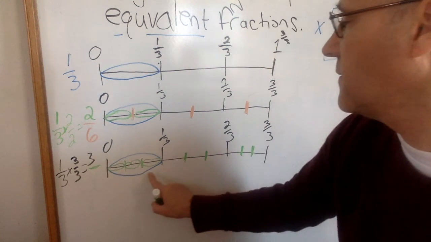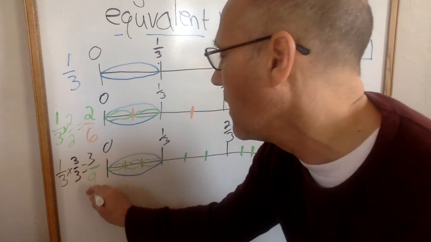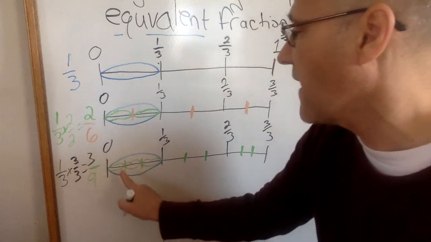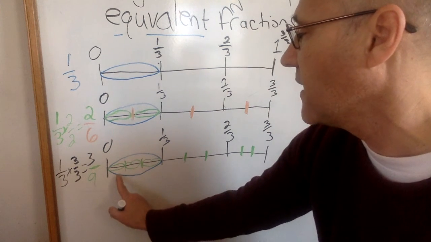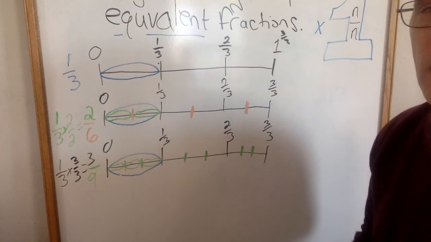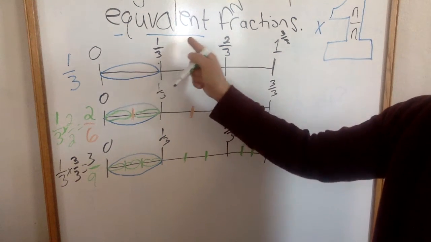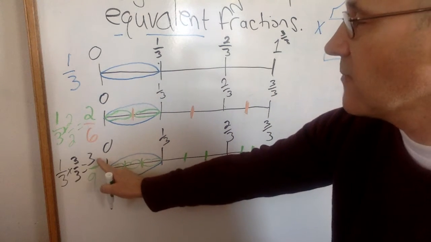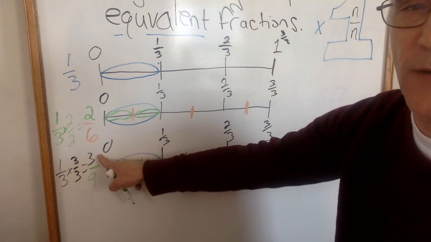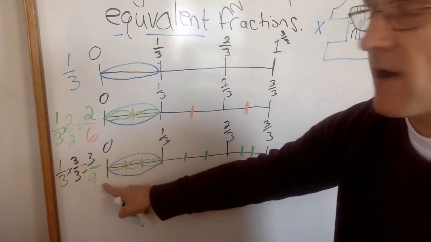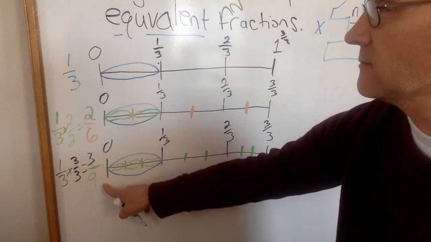And it takes 1, 2, 3, 4, 5, 6, 7, 8, 9 to make a whole. 1 multiplied by 3 is 3. I have 3 times as many pieces. 3 multiplied by 3 is 9, but each piece is 3 times smaller. So that's why multiplying by 1 gives me an equivalent fraction. I have more pieces, but the pieces are smaller. The larger my numerator, the more pieces I have. The larger my denominator, the smaller the pieces.